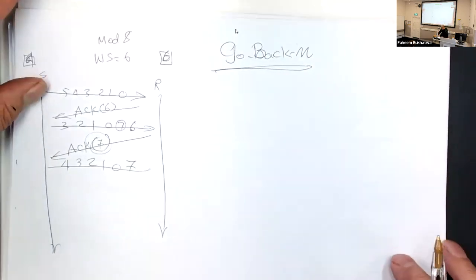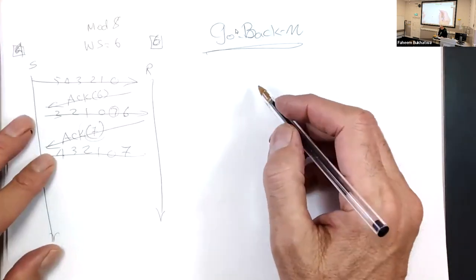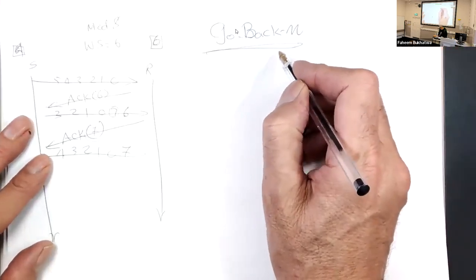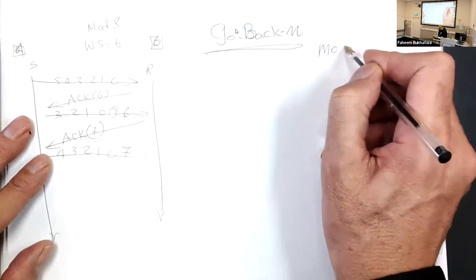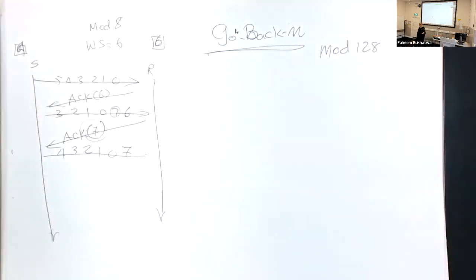Now, this system has one disadvantage. I don't know if you are able to spot it, but let's say we agree we're using modulo 128. What does modulo 128 mean?